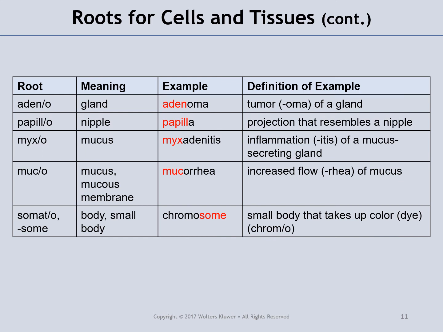This is another one that it can be very easy to mix up. Do not confuse adeno with adreno, A-D-R-E-N-O. Adeno refers to any gland in general. Adreno refers specifically to your adrenal gland.